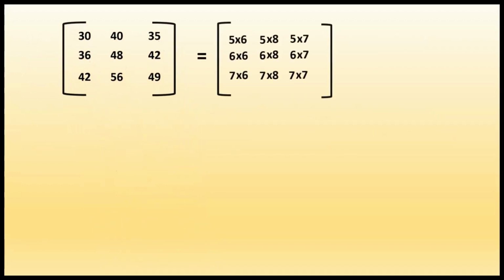Let's try to reduce it first by making the factors of the values. After dividing it into factors, we get from the first row 5 as the common value, from the second row 6 as the common value, and from the third row 7 as the common value.